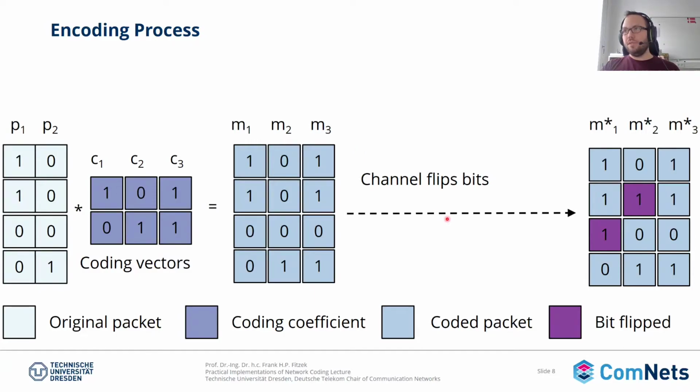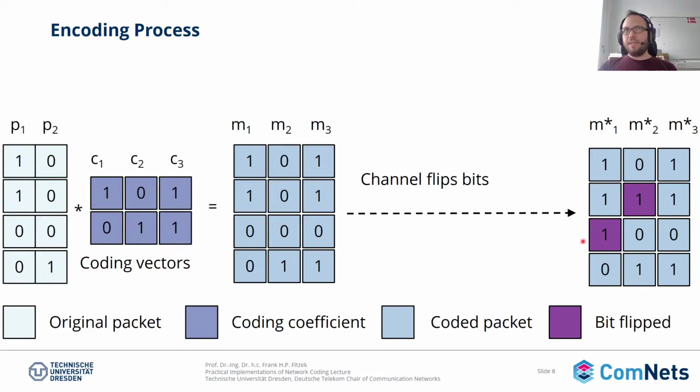These errors might not be corrected at the decoder, even if there were some forward error correcting techniques at the physical layer. Then these are the packets that arrive at the destination. We color coded the errors in purple.